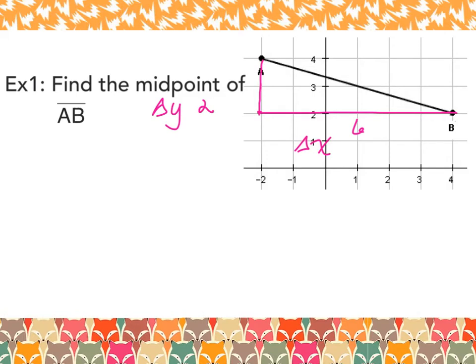So if my change in Y was 2, I want to actually cut that number in half, and I want to look at this coordinate right here. So I want to look for a point that's going to have a Y value of 3. And instead of being 2 units away from A or B, it's only going to be 1 unit away. And then same for my X values.